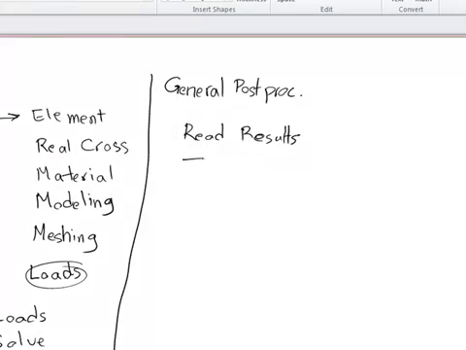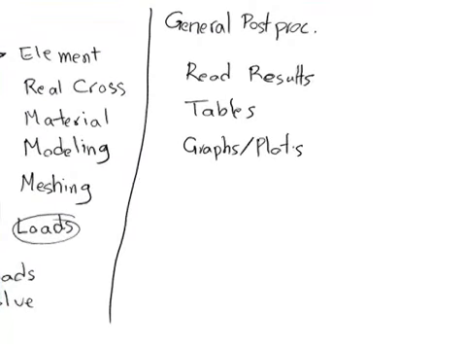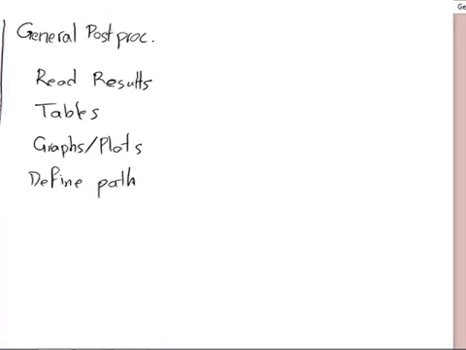And you can output your results in terms of tables or graphs/plots, and also you can define paths and attribute special outputs such as, for example, stress, normal stress, shear stress, von Mises stress, or any other kind of results you're interested in.